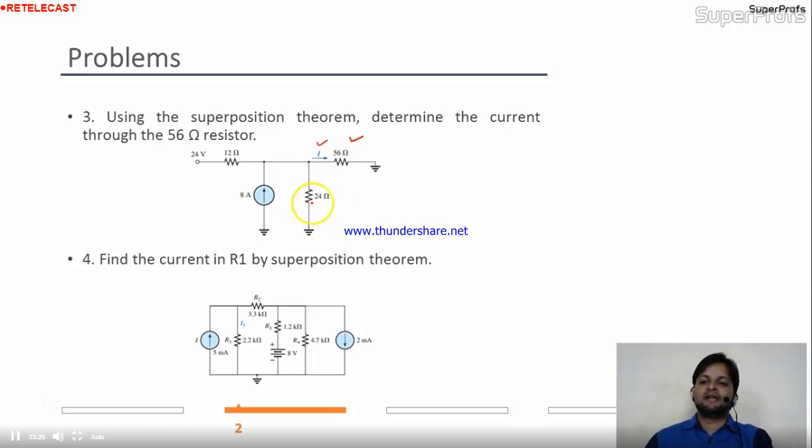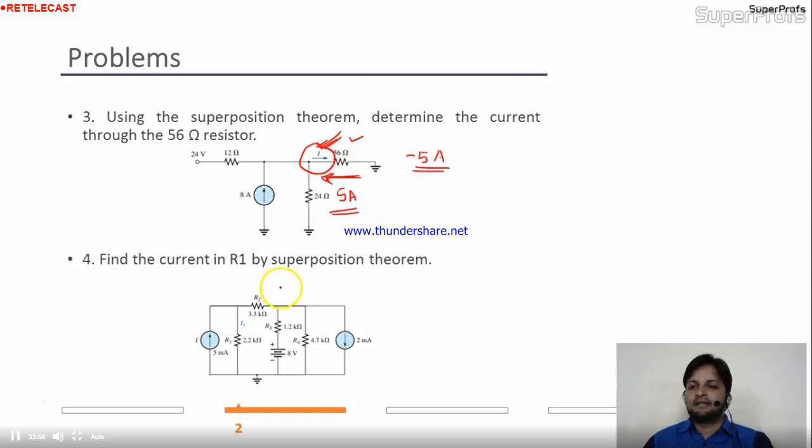What I mean is, if by calculating the current, your current is coming like this, 5 ampere suppose, but the current direction you got is opposite to what is given, so your answer will be minus 5 ampere. Because here it's mandatory to give the answer in the form of the given direction only.